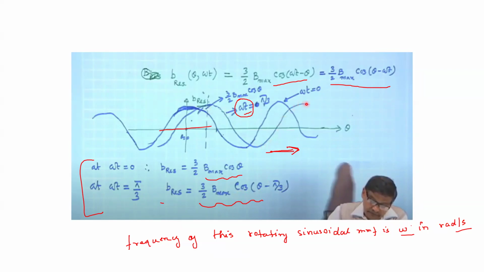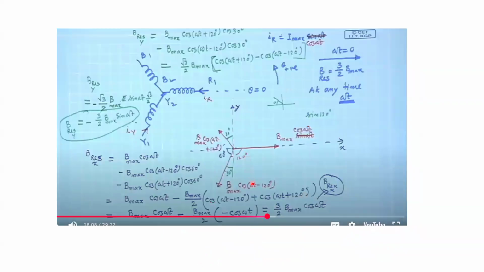So it gets shifted by pi by 3 as omega t varies. The speed of this shifting depends on omega, so the frequency of this rotating MMF is omega. This is what sir is also trying to prove mathematically.